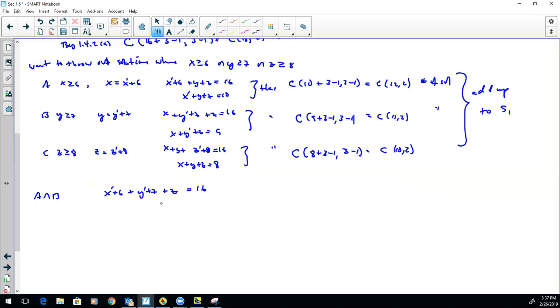So when you subtract your 13, 6 and 7 is 13, you get x prime plus y prime plus z equals 3. And that has C of 3 plus 3 minus 1, 3 minus 1 equals C of 5, 2, number of solutions.